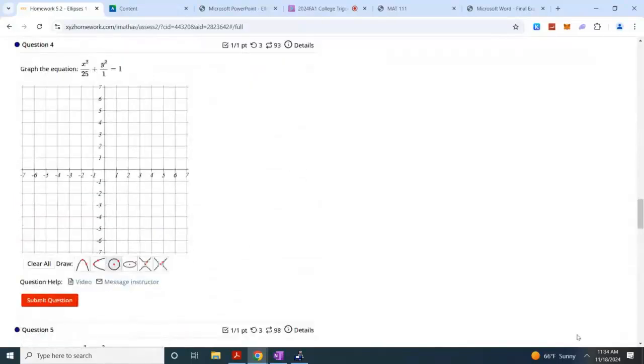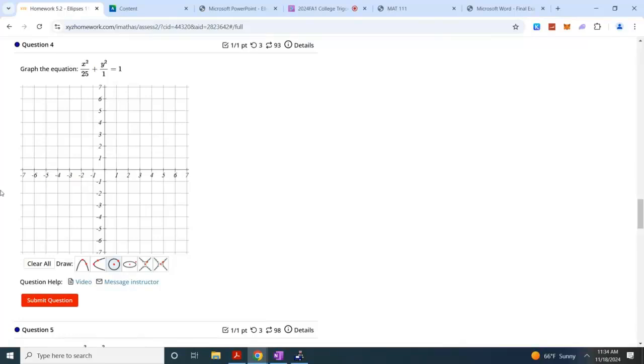All right. So it says graph x squared over 25 plus y squared over 1 equal to 1. So first off, does this thing have a horizontal major axis or a vertical? Well, I'm going to look for my largest denominator. It's underneath the x variable, so I can liken that x variable to the x-axis.